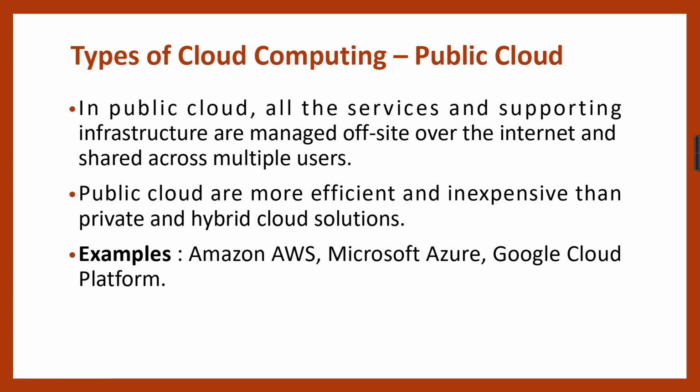Google Cloud Platform is most commonly used by us. We can understand how Google Drive works. The way Google Drive works, we can assume the working of Microsoft Azure as well as Amazon AWS, but they may be chargeable.